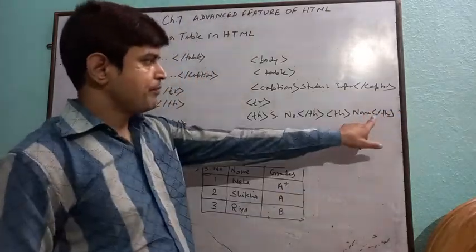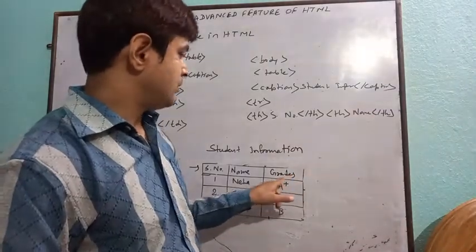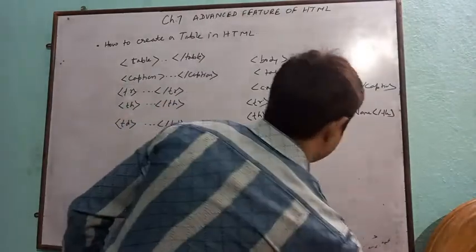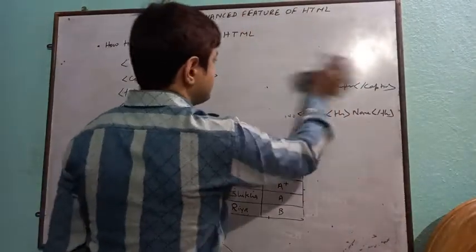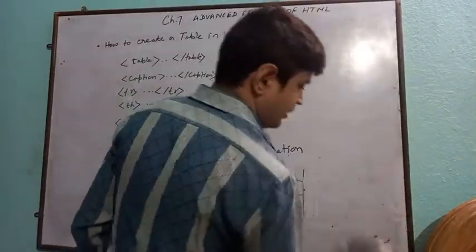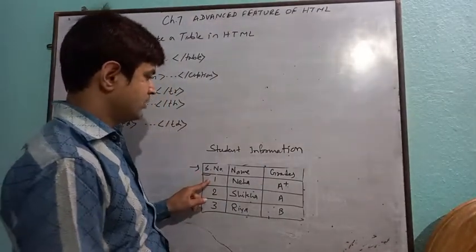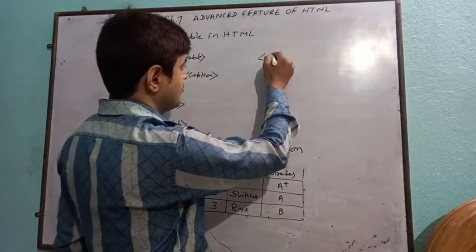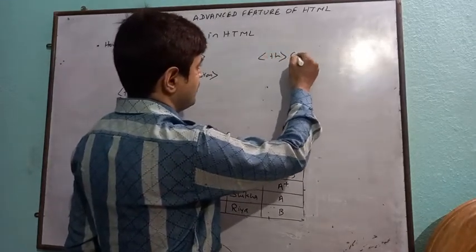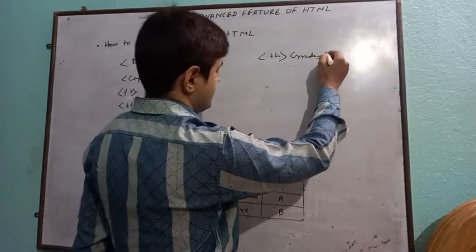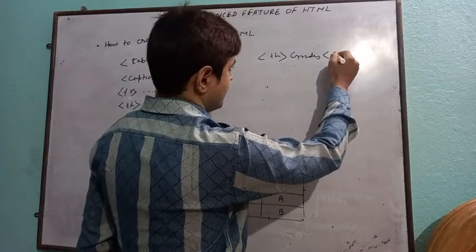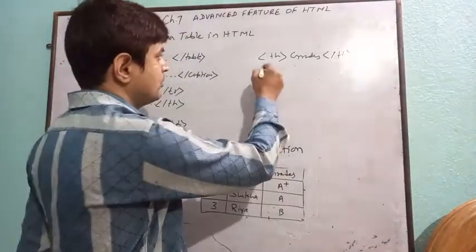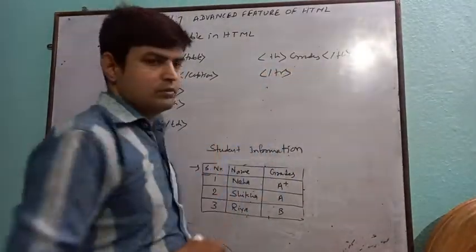The next is the table heading tag, th tag, grades, and close the table heading tag. Now we need to start the next. After writing like this, table heading grades, close table heading. We have completed one row. Now close the table row.